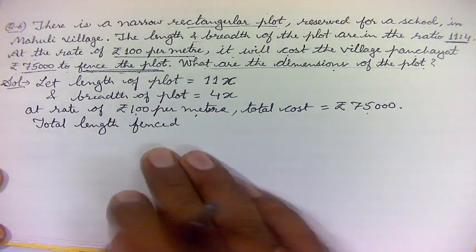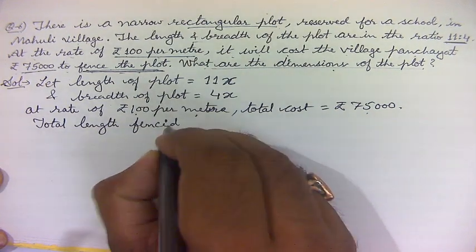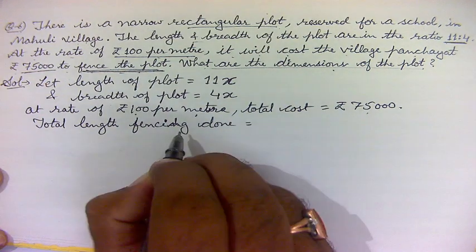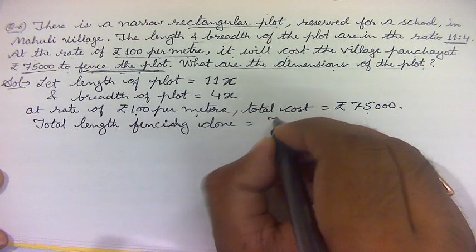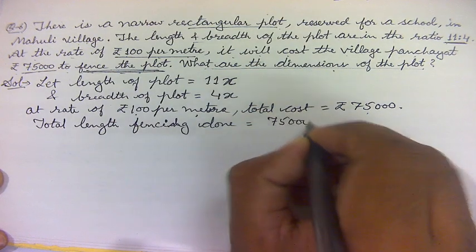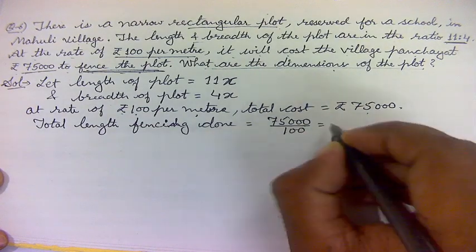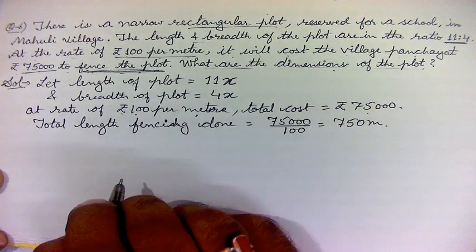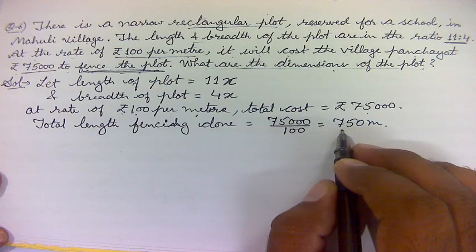Total length fenced means the total length where fencing is done. You can write it like this: fencing done. So how many meters is the fencing done? What we will do is divide the total cost by cost per meter. So on dividing this, you get 750 meters. So this is the total length where the fencing is done.